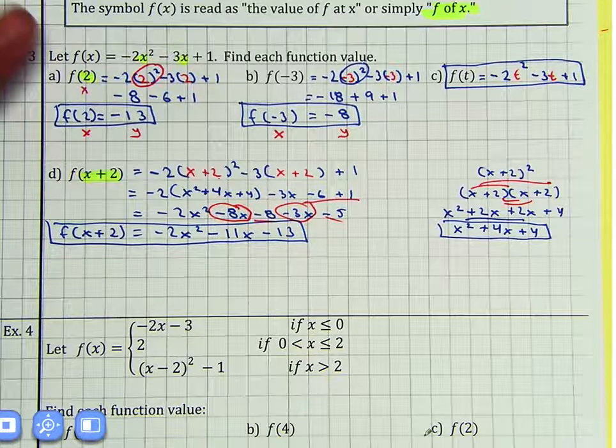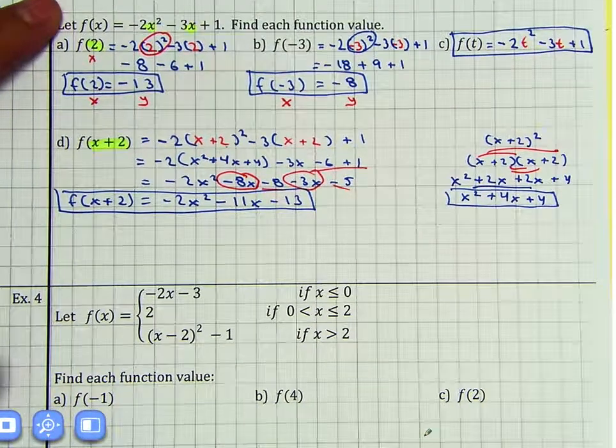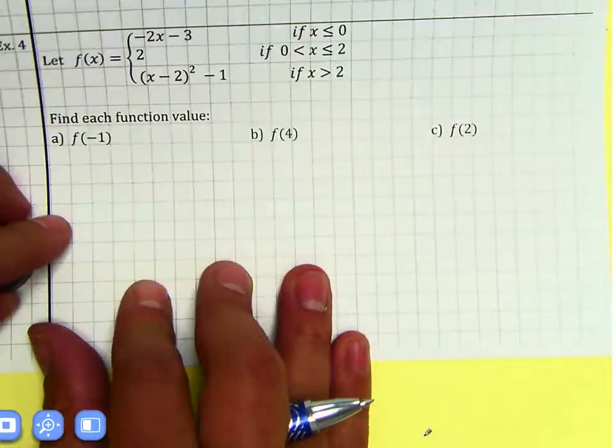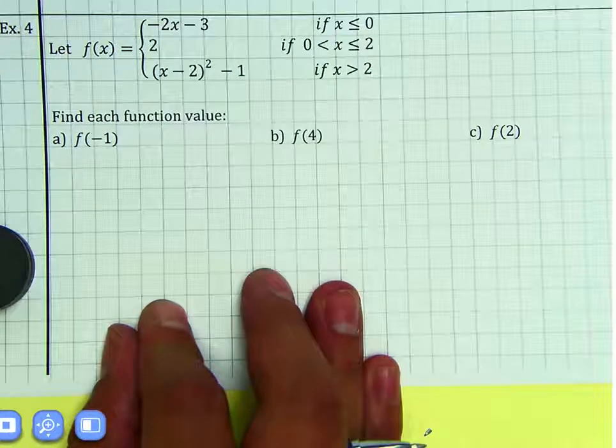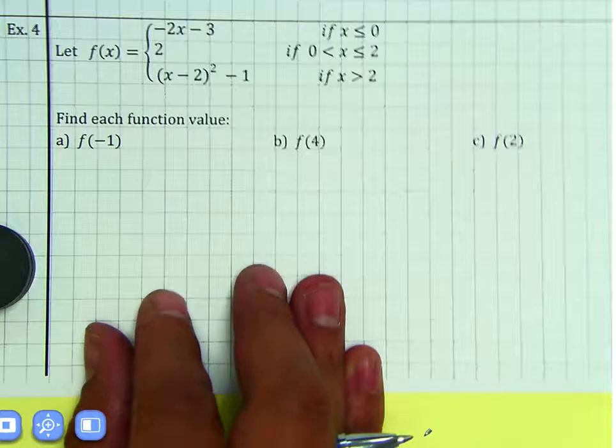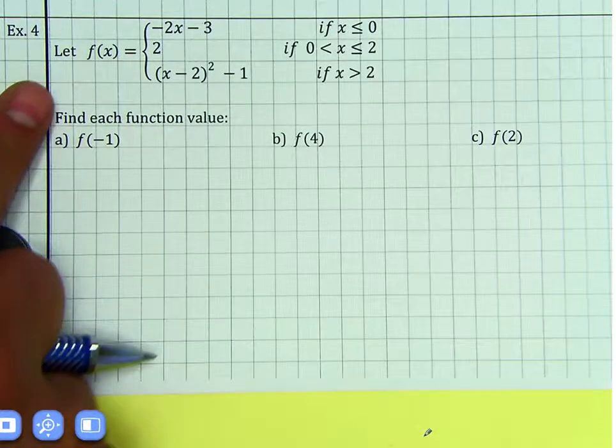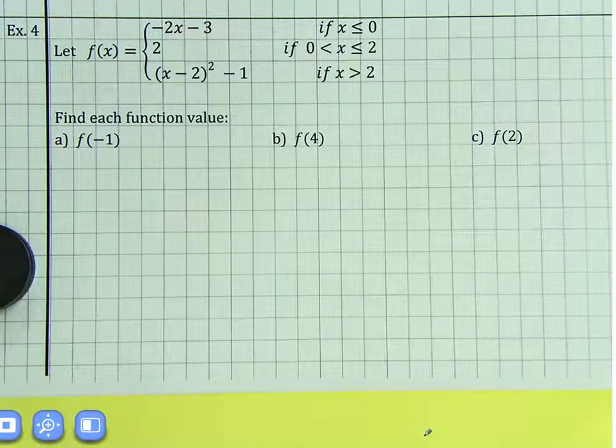Example number 4. On example number 4, do you guys remember what is the name of this function? You guys covered this in Algebra 2. This is called a piecewise function.